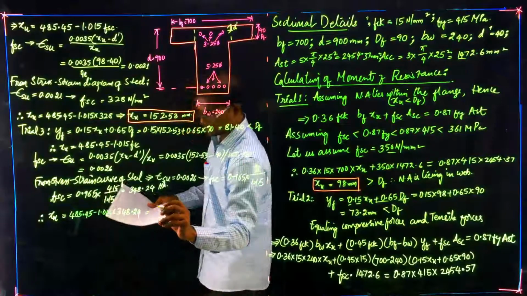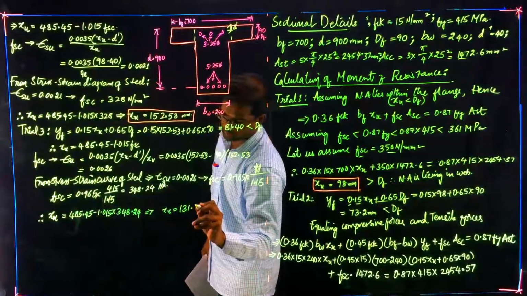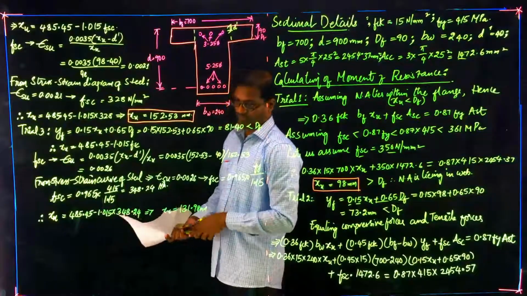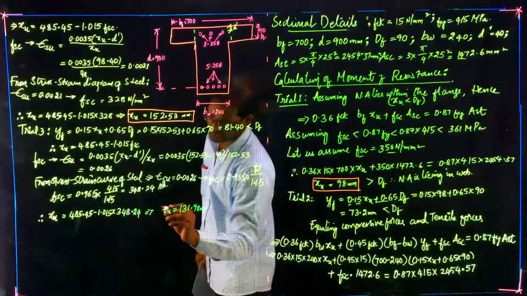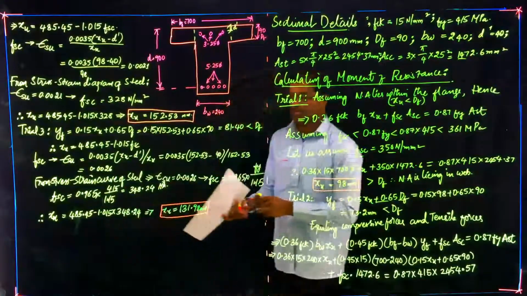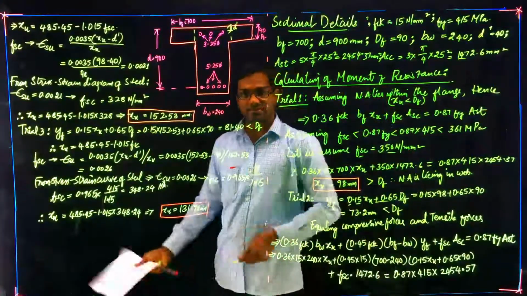You will get an XU value of 131.98 mm. From trial 3 you have got XU as 131.98. Now we will go for trial 4.